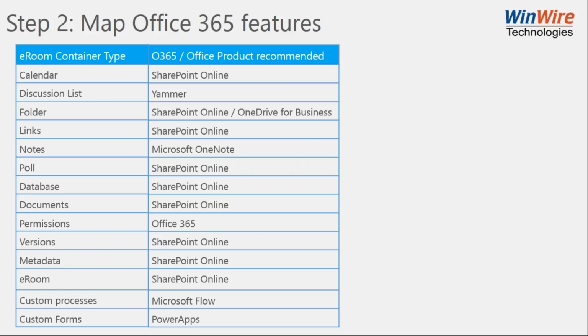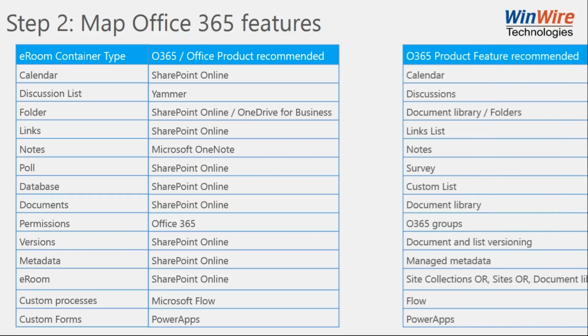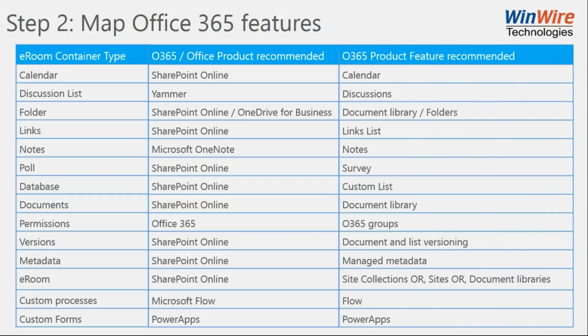Right? Now, for example, if you start talking about databases, when I say database, it can go in SharePoint Online as a custom list, right? So you will create a custom list with the database schema based on the eRoom, and you'll start mapping individual features like this.